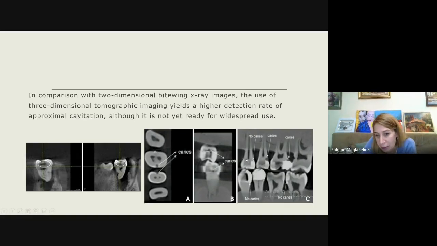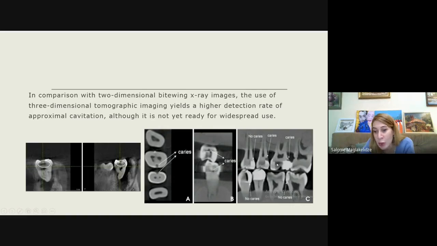Now here you could see the situation. This is sound dentin, this is an existing restoration, and you could see how smooth the surface is and how clearly you see that this is the restoration and this is the dentin. But also here you could see that this is the restoration, and under the restoration you could see the demineralization of the dentinal tissue, obviously, like with the naked eye, yes?